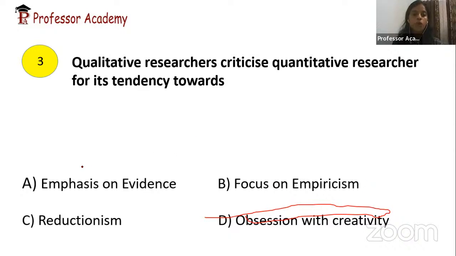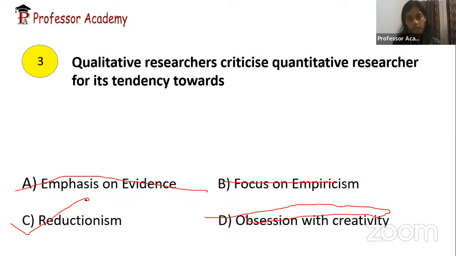Now let's look at emphasis on evidence and empiricism. Both are valid and supportive, and even qualitative researchers make use of these. So A and B could also be eliminated. Finally, the right answer will be reductionism. What do we mean by reductionism? Reductionism means a complex setting or a natural setting is being converted into a simple model.